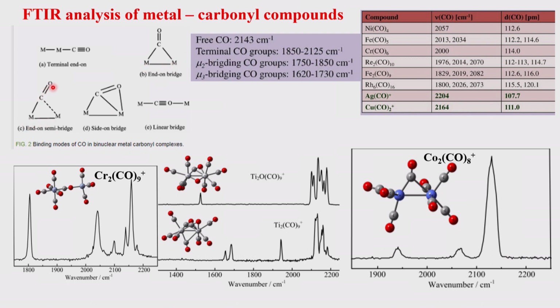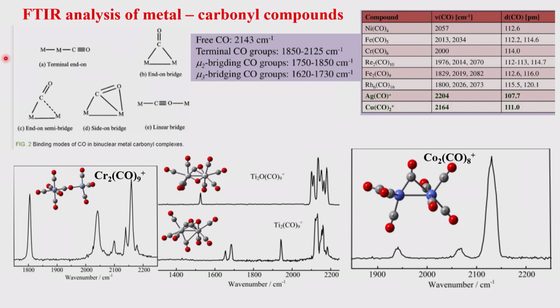The CO can be bridged between two metals, while one metal is forming a sigma bond, the other metal is forming a somewhat weak bond. You can also have the C to one metal and the O to the other metal, weak of course, or the C to one metal and the O to the other in a linear fashion.